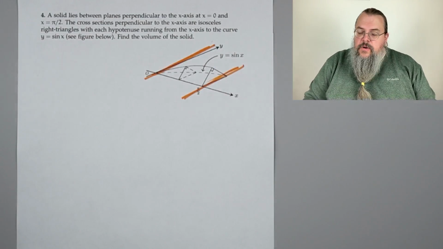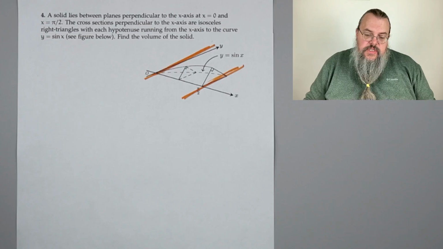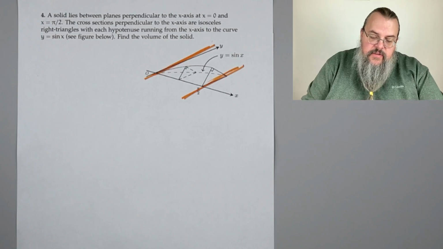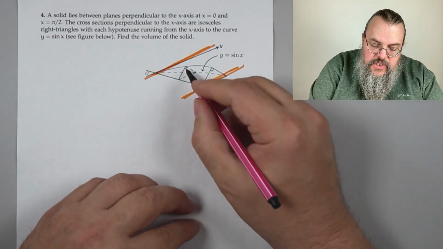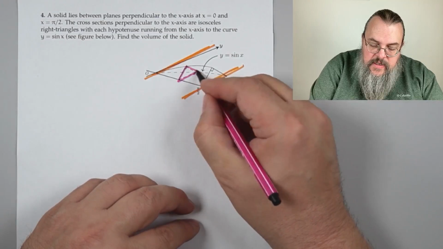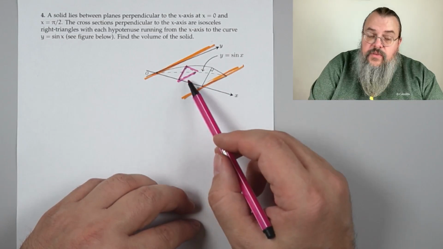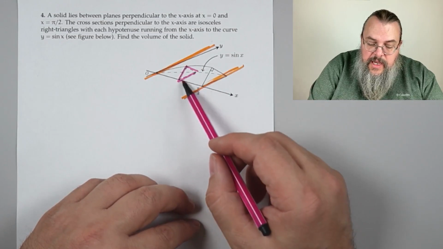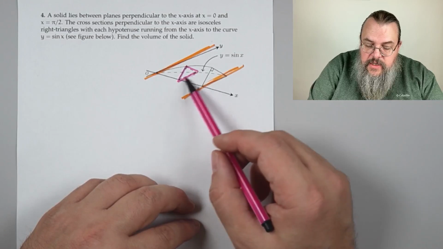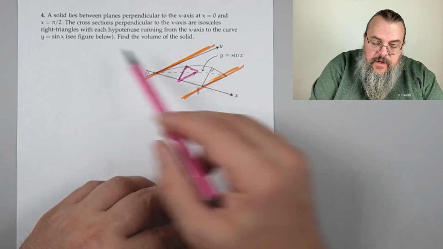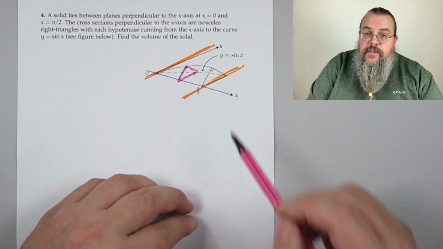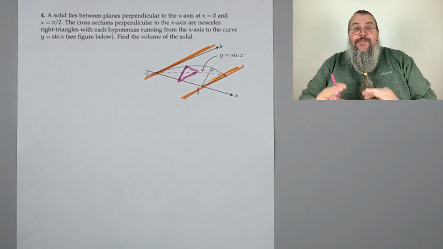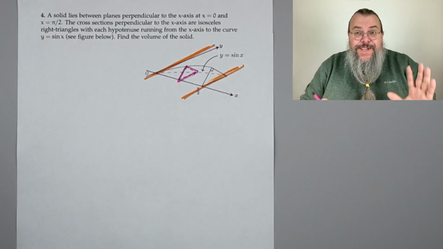And now, when we take a cross-section perpendicular to the x-axis, so a typical cross-section, it looks like an isosceles right triangle with the hypotenuse running from the x-axis to the curve y equals sine x. Okay, so there's our figure. I'll tell you, as figures go, beautiful figure.